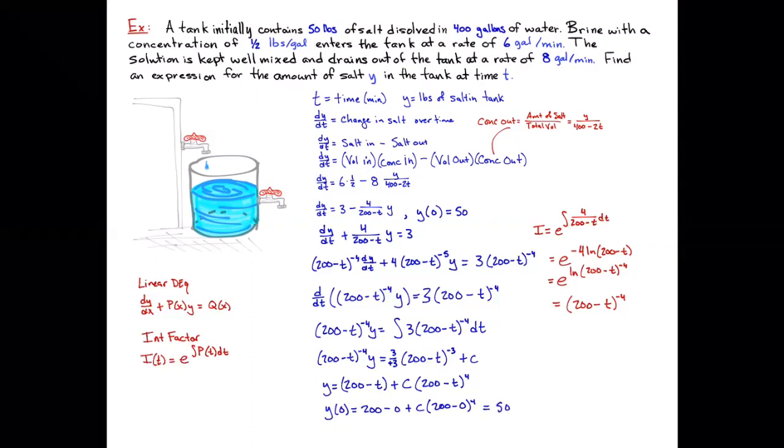And so I get c equals minus 150 divided by 200 to the fourth power. And so my final answer is y equals 200 minus t minus 150 over 200 to the fourth power times 200 minus t to the fourth power.